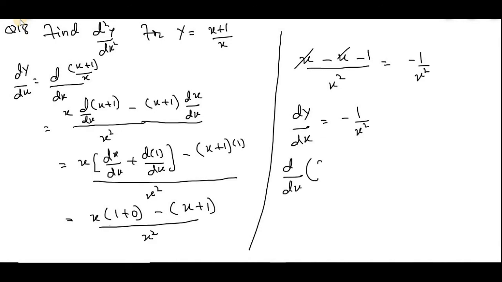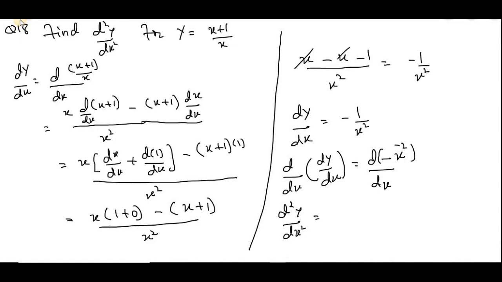Now for the second derivative, take d by dx again on both sides. d by dx of dy by dx is equal to d by dx of minus x raised to power minus 2. As previously, I have taken the denominator to the numerator with a change in the negative sign of the power.